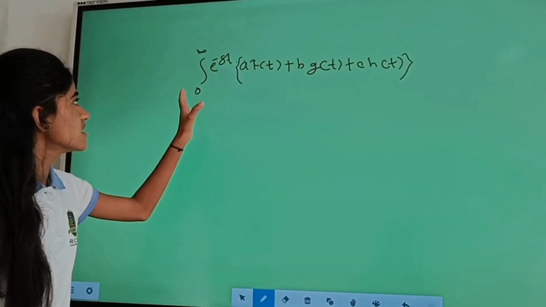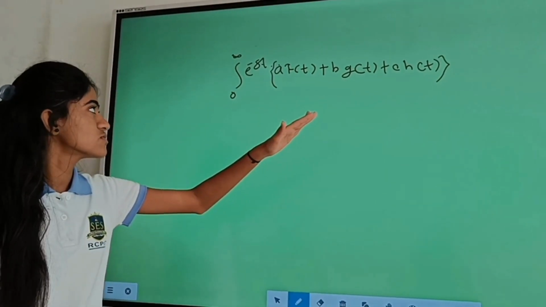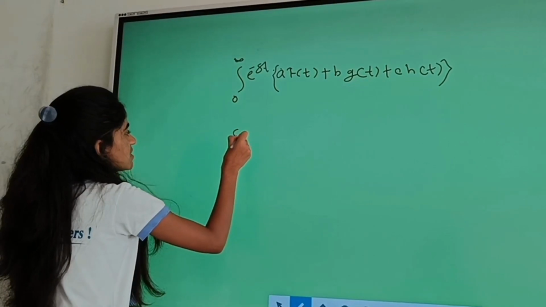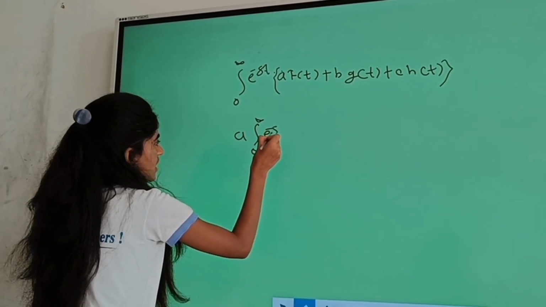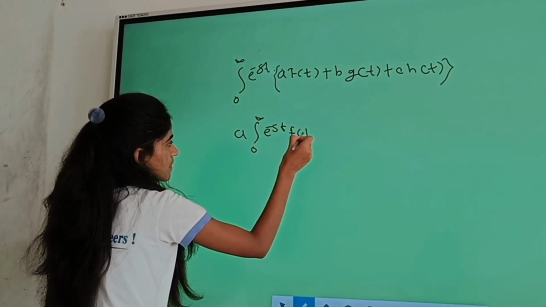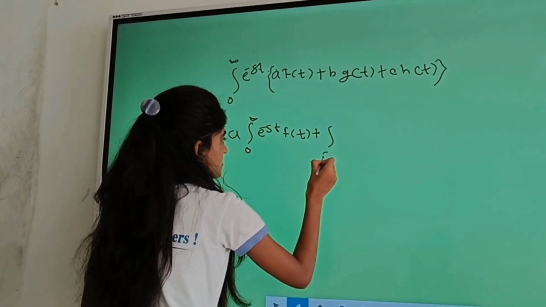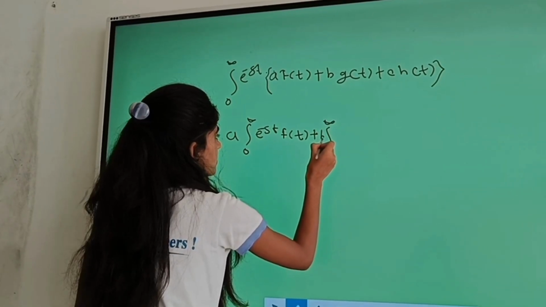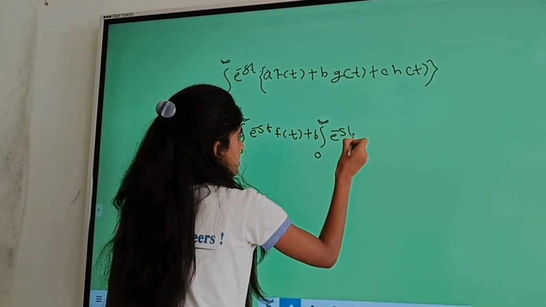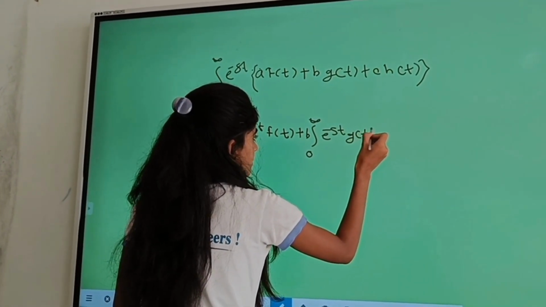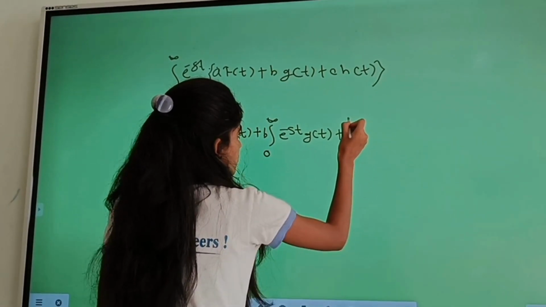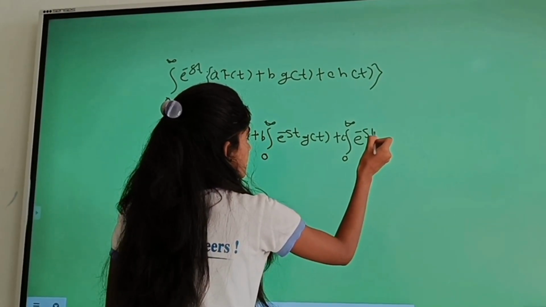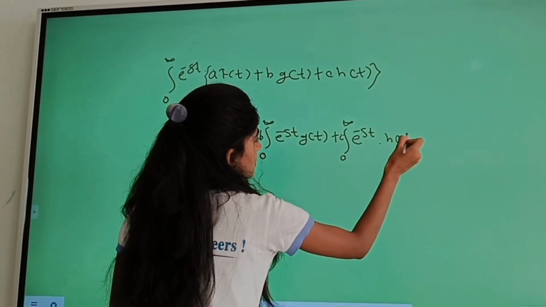So taking the integration separately for each function, take a as common, integration 0 to infinity e raised to minus st into f of t, plus integration 0 to infinity taking b as common, e raised to minus st into g of t, plus taking c as a constant, 0 to infinity e raised to minus st into h of t.